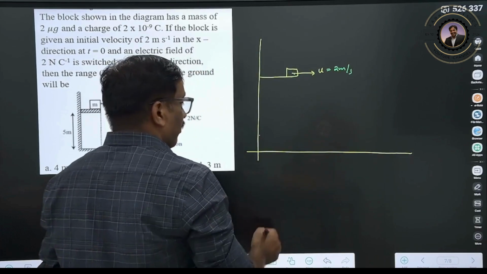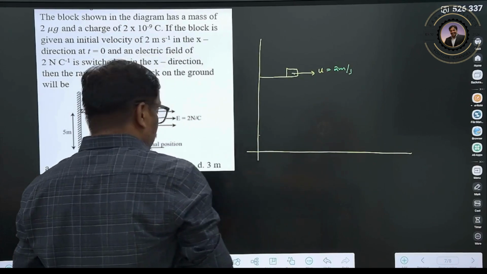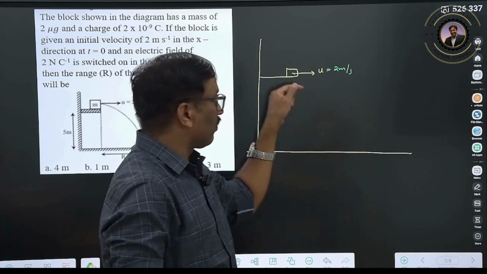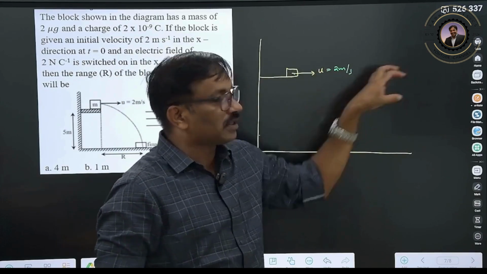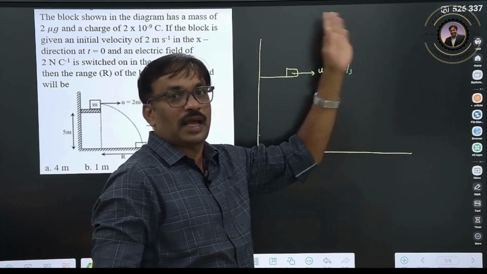What is the formula for the range? R is equal to u into square root of 2h by g. That would have been done if there is no other force. But once it is released, there is an extra force acting on it, which means along the x direction also an acceleration is created.